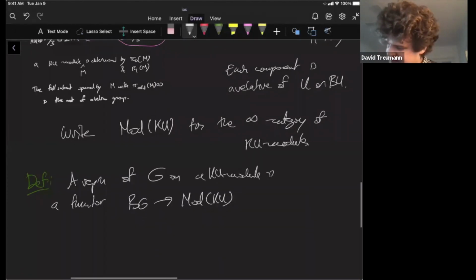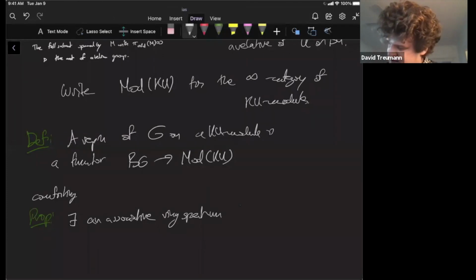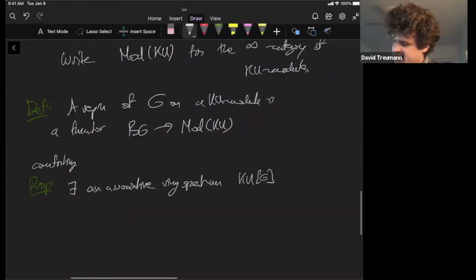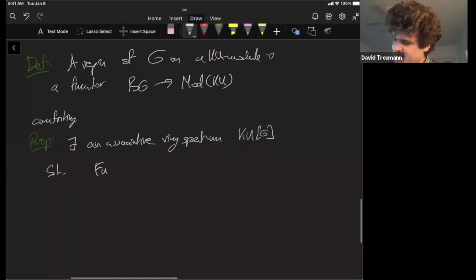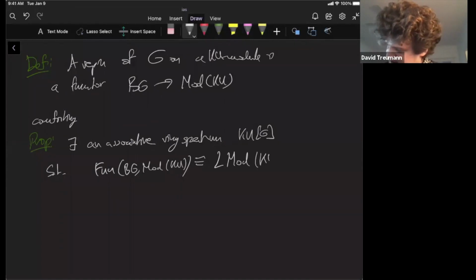And then a comforting proposition is that there's an associative ring spectrum that plays the role of the group algebra. Let's call that KUG, such that this category of functors is equivalent to, let's call them left modules over this group algebra.